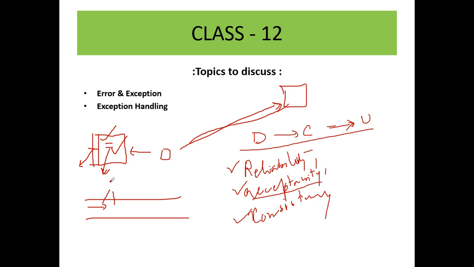Now suppose you have a very big hole inside that road. When you are in front of that big hole on the road, what will you do? Will you try to cross it?